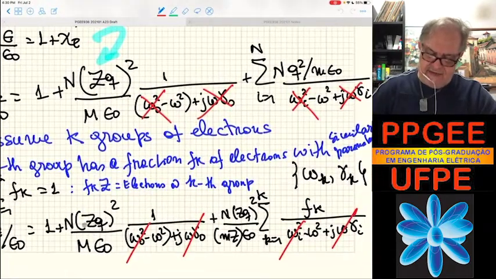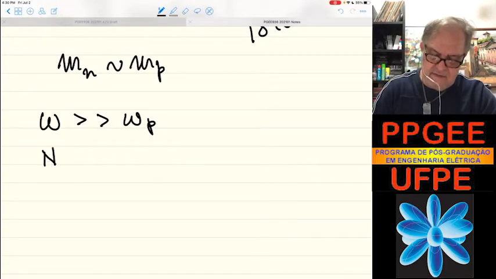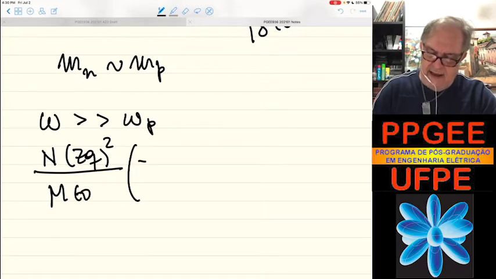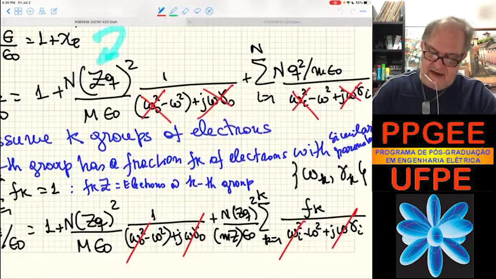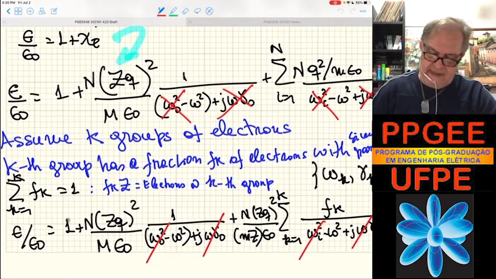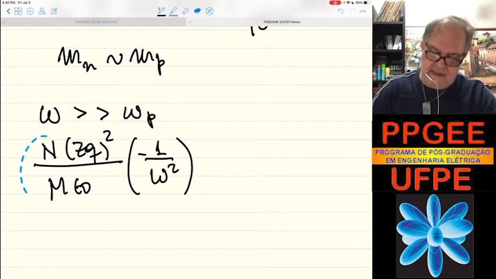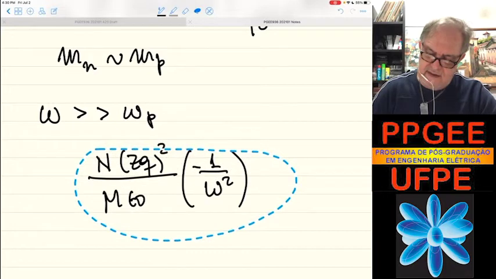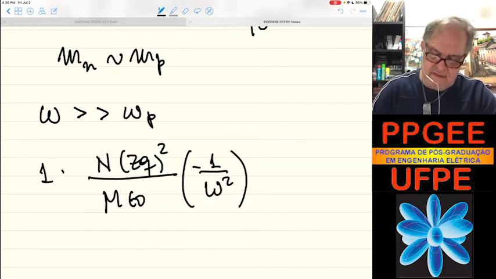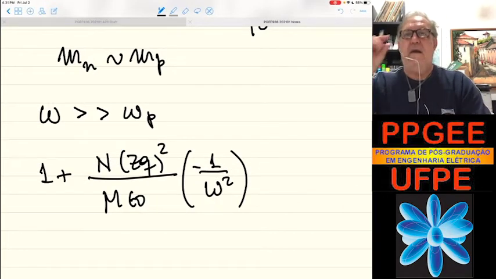Look into the formula here. You're going to have this mzq squared over m, then minus 1 over omega squared. That's the factor that we have here. 1 plus that. Let me put it like this. There's the contribution of the nucleus. 1 plus that.